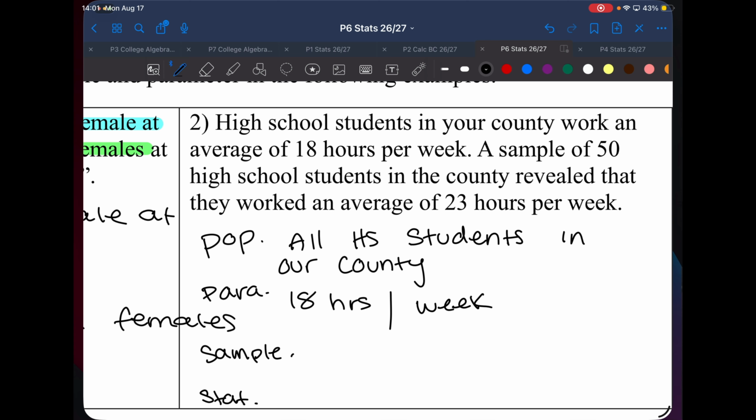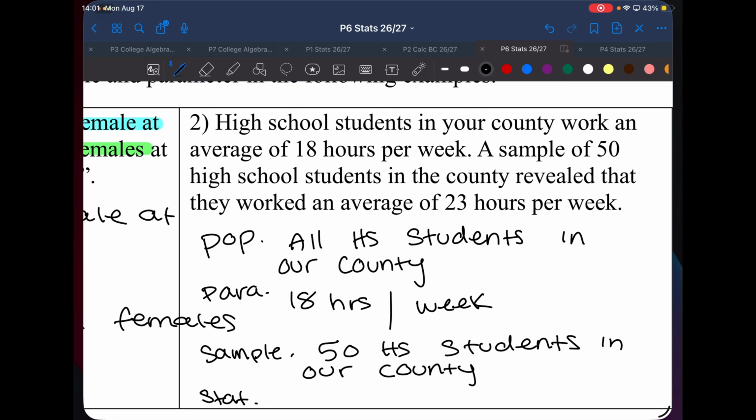Okay, group 3, what is the sample? Perfect, so 50 high school students in our county. So instead of sending out a survey to every single high school student in our county, we picked 50 of them.